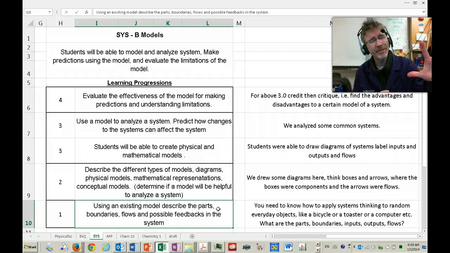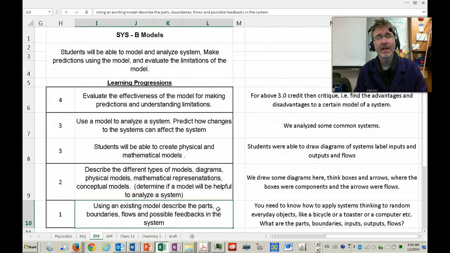Then of course SYSA is talking about feedbacks or equilibrium in a system. That's the other system, that's SYSA. We're just concerned about, can you build a model about the system, can you talk to me about the parts, and can you talk about the flows in the system.